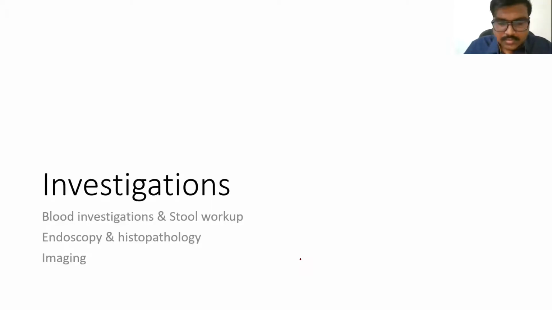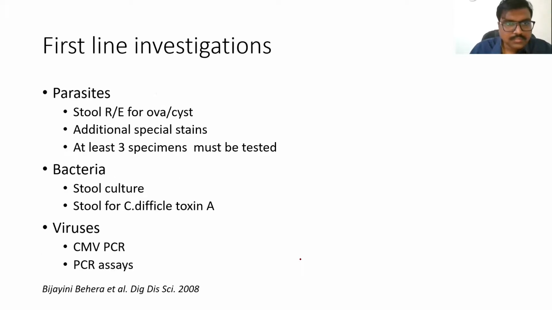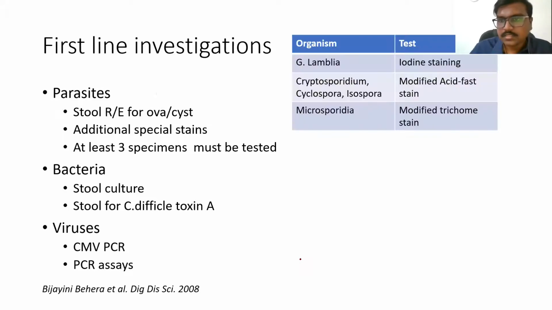So now that we understood the differentials and the clinical features, how will we proceed with the investigations? So the first line investigations obviously should be the stool examination, and the stool routine for cysts has to be sent, and it has to be taken care that all the special stains are also applied in these patients carefully to find the alternate etiology or the coexisting etiology.